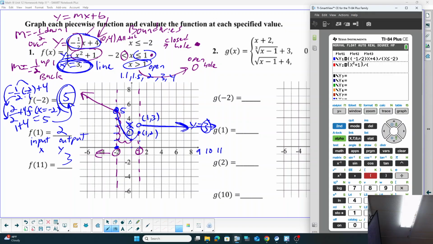Our boundary is -2, second test, less than x, and then second test, less than or equal to 1. And so there's our boundary for -2, 1.